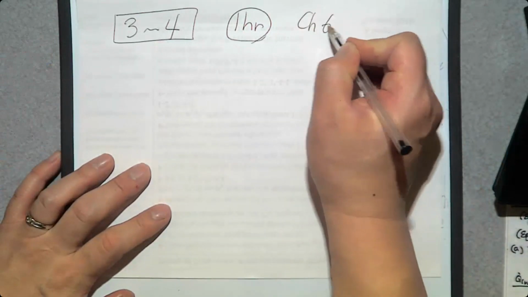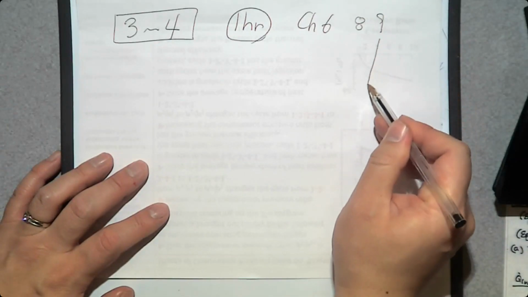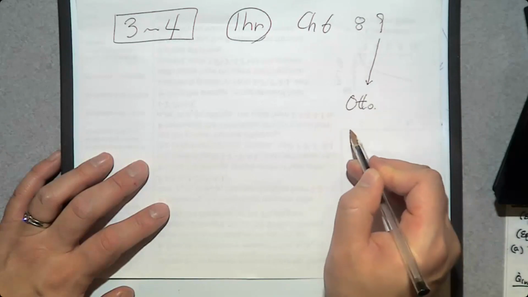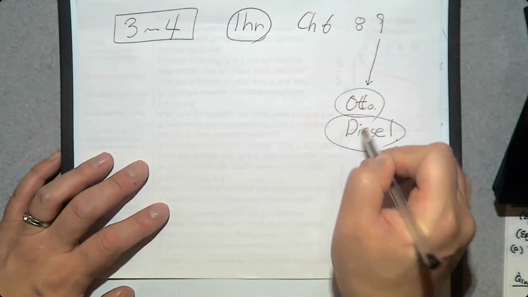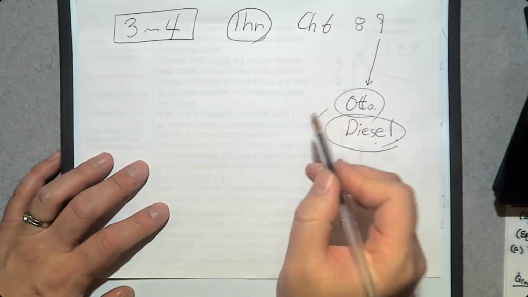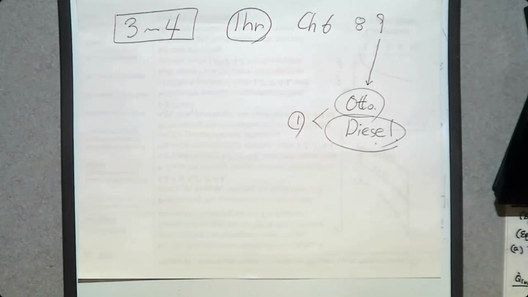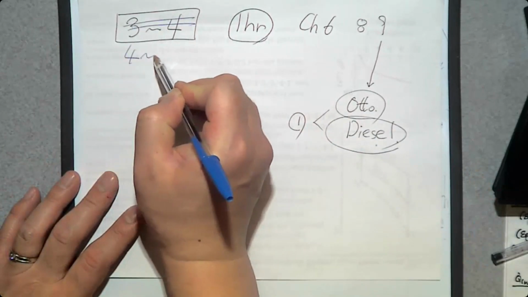1 hour, 3 or 4 problems from chapters 6, 8, and 9. And you will see 1 problem from chapter 9. It's going to be either Otto cycle or diesel cycle. One of them, just one. 1 problem from chapter 9. 1 hour 15, then I can update that to 4 to 5 problems.